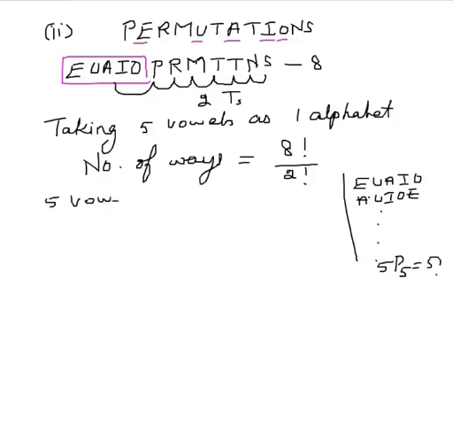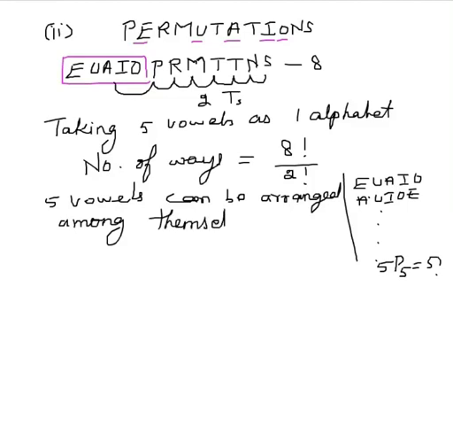So 5 vowels can be arranged among themselves in 5 factorial ways.